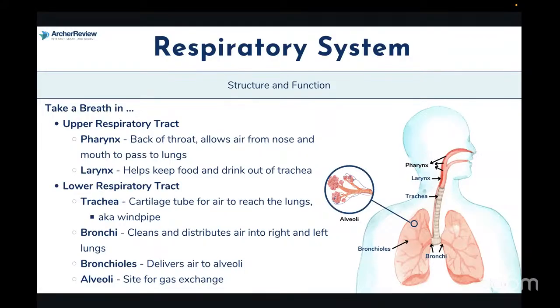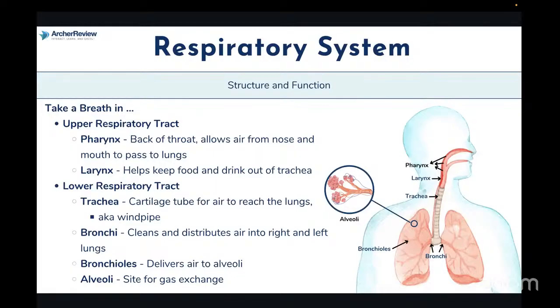All right. So in the back of that throat is that pharynx. And this allows air from the nose and your mouth to eventually pass and get down into the lungs. But it doesn't just go pharynx, lungs, right? There's a whole transportation system. So let's keep going. After pharynx, that air is going to move down into the larynx, still a part of that upper respiratory tract.